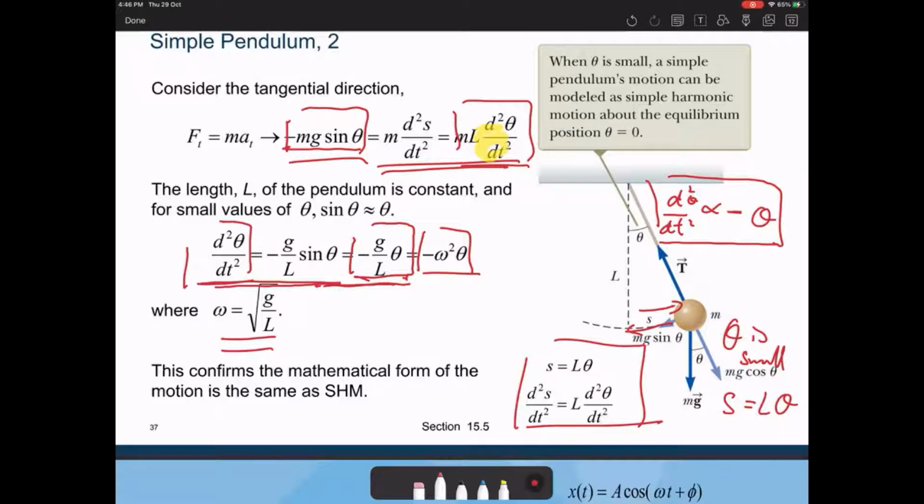That is why we have to decide the omega according to the equation of motion that we have established. The equation of motion we have established is d squared theta over dt squared equals minus g over L times theta. So this one, g over L, is omega squared.